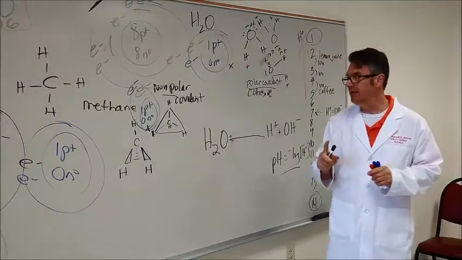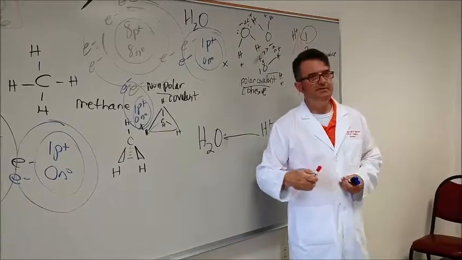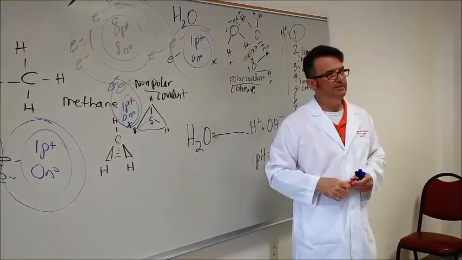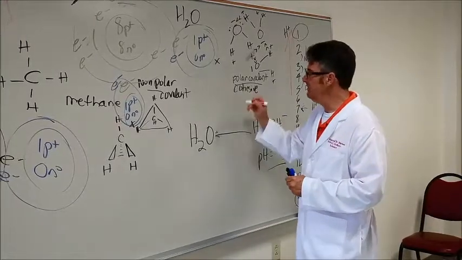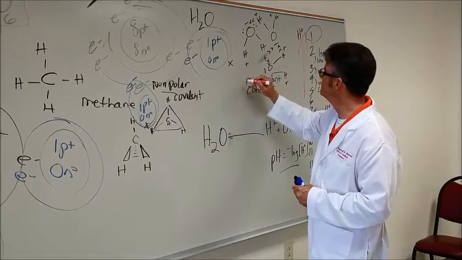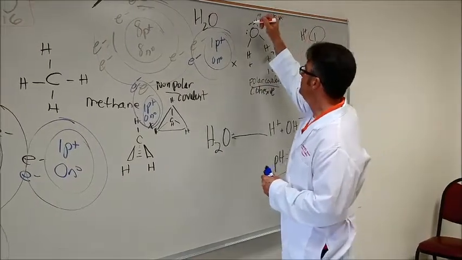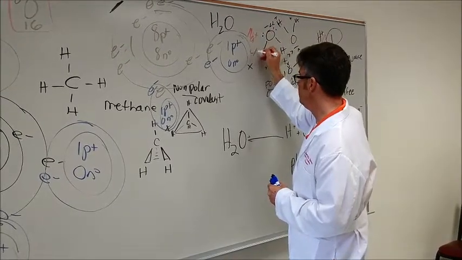One last thing that I would like to add in, which is kind of important, and this will lead us into the next video that we'll do talking about ionic compounds. If you had a compound like sodium chloride, for instance, sodium is positive and chlorine is negative.